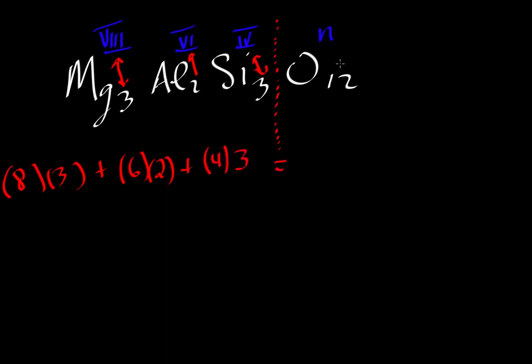And then that will be equal to this product here, 12 times n. We have a coordination number of n that we want to find out, and there are 12 atoms that are in that coordination state. So this is 24 plus 12 plus another 12, and that is equal to 12n. N is equal to 4.